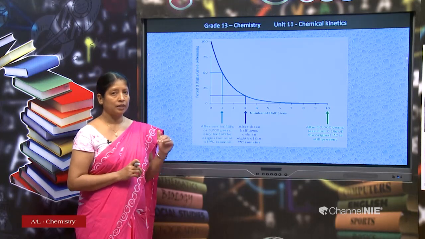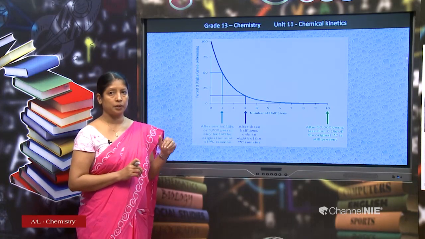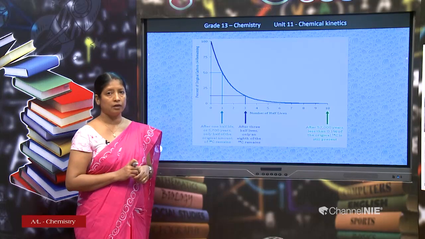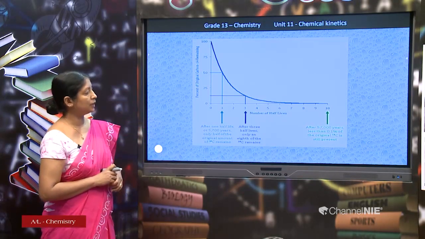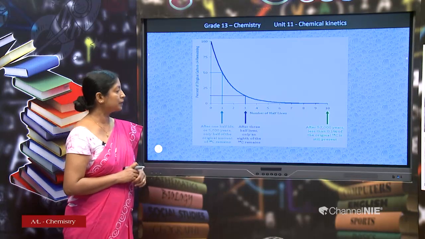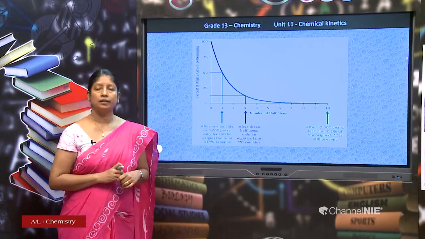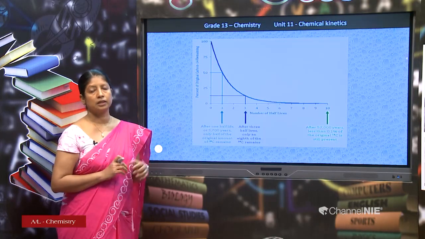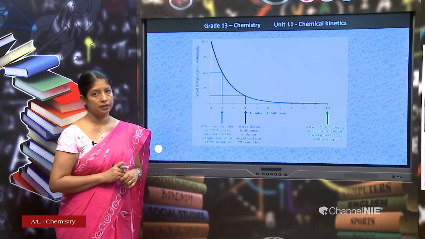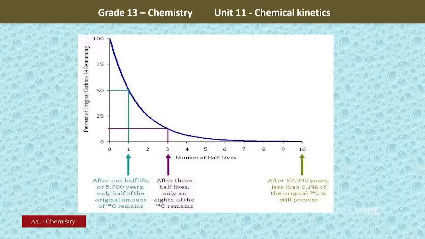That means the time required for the concentration of C14 to be reduced exactly by half is a constant value, approximately 5700 years. So, then the graph is given showing how the concentration of C14 varies with time.